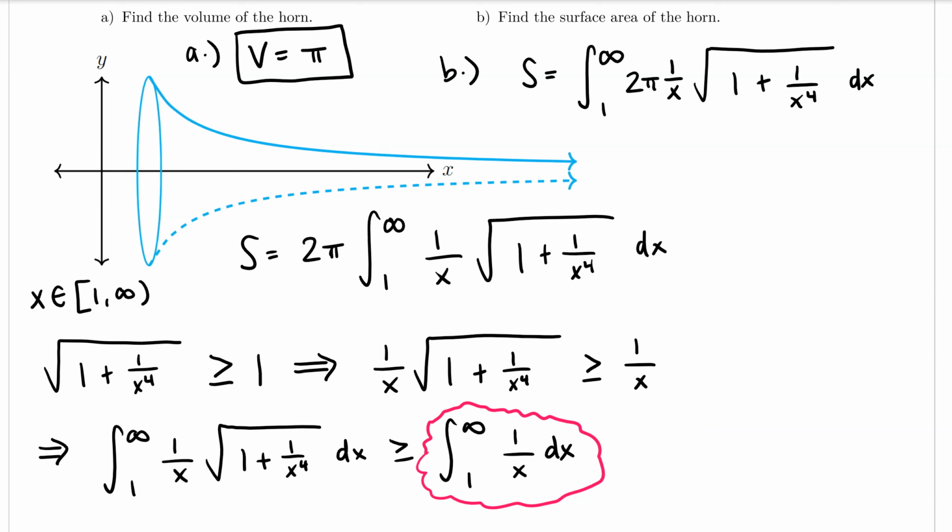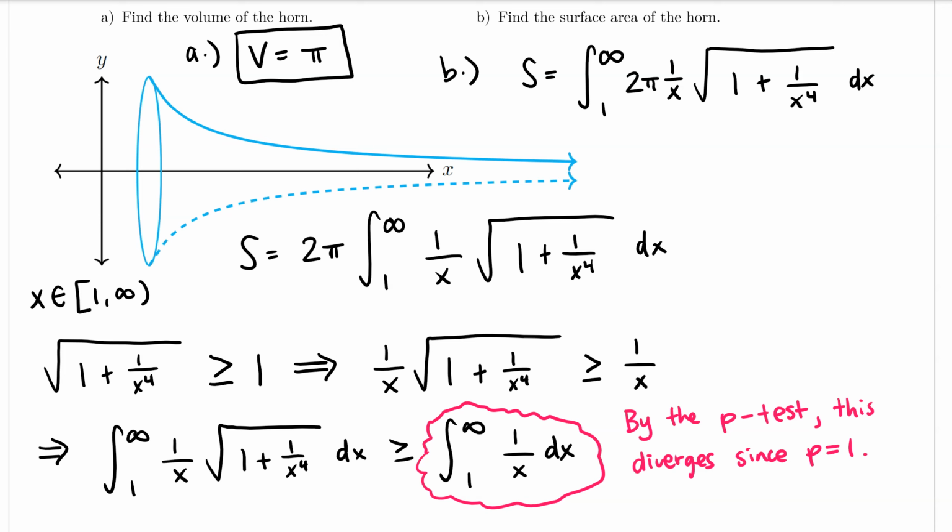We know that by the p-test, you got a name drop, so by the p-test, this diverges since p is equal to 1. So this is the smaller of the two things that we are looking at.